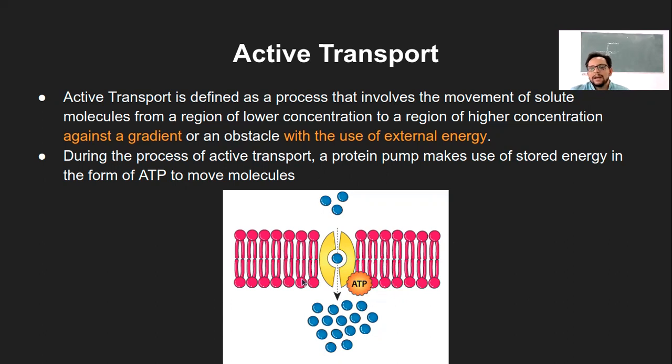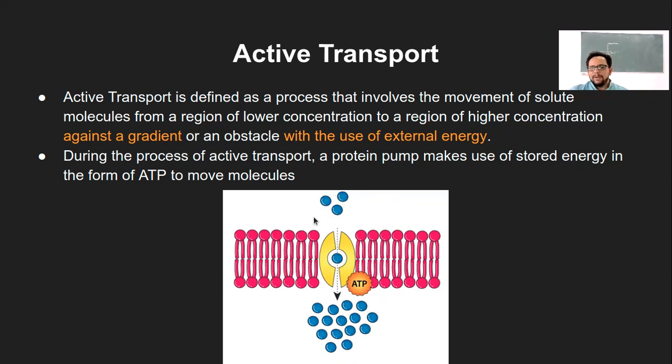Now if you look at the diagram, let's say this is the lower side, this is the upper side, this pink thing is the membrane, this yellow thing is the membrane protein, and you can see these blue solute molecules getting transferred. If you see the arrow, it is transferred from upper side to lower side.